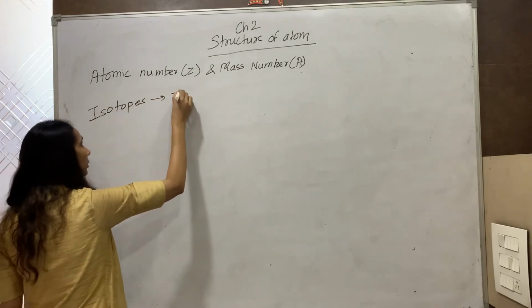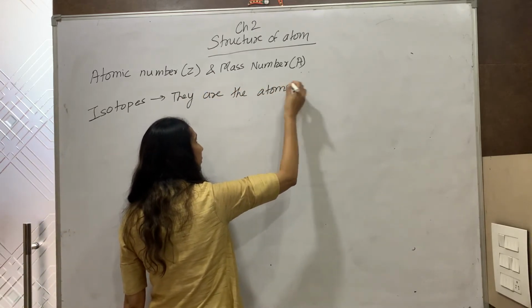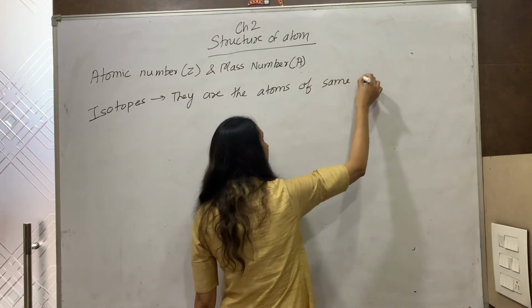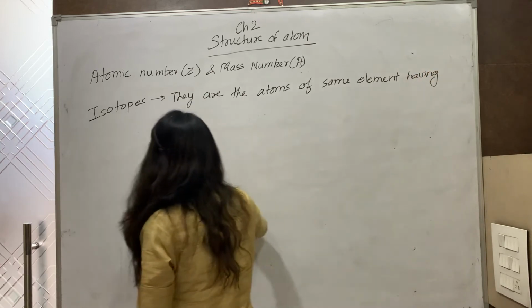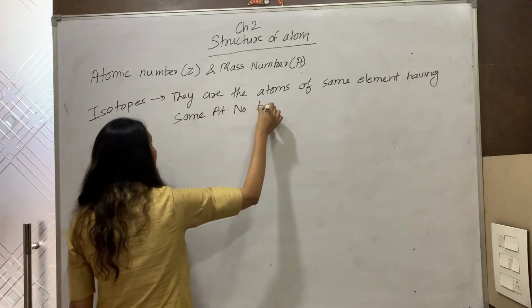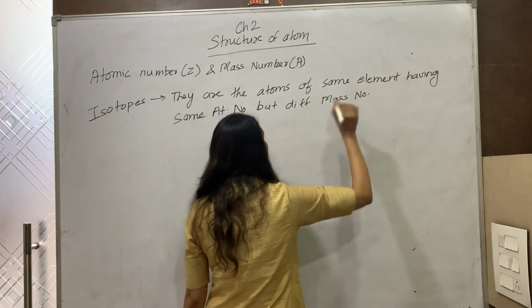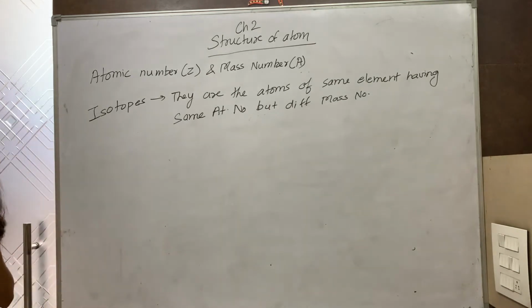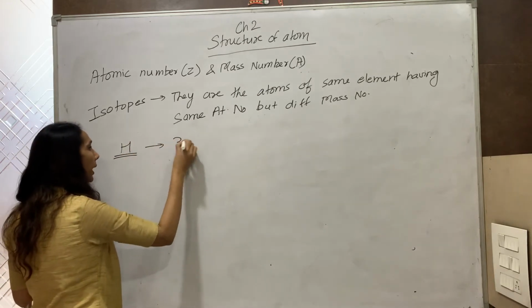They are atoms of the same element having the same atomic number but different mass number. Again, I am repeating, they are atoms of the same element, having the same atomic number but different mass number. So let us see. Hydrogen. Hydrogen has 3 isotopes.